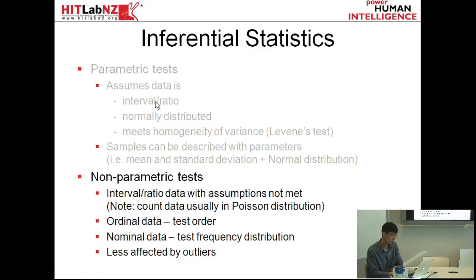And if your measurement doesn't meet the assumptions of the parametric test, which could be the case where your measurement is either ordinal or nominal data, or even if it was interval ratio data, if it doesn't follow the normal distribution, then you have to fall back to non-parametric tests.